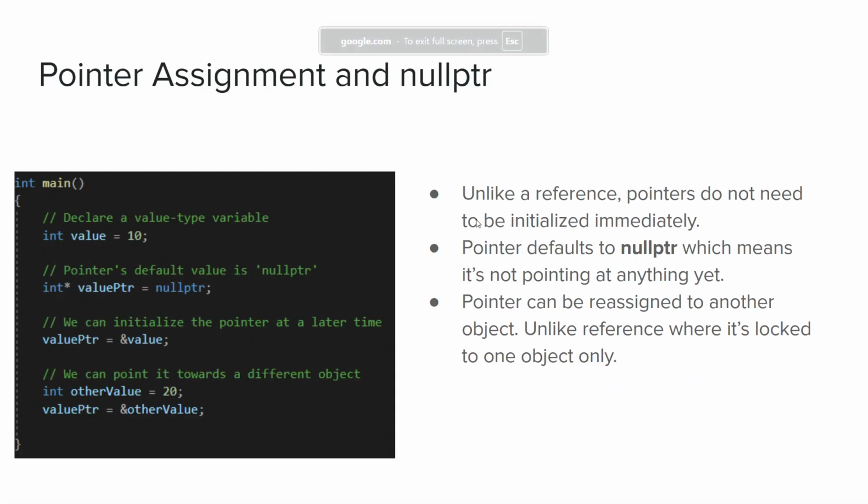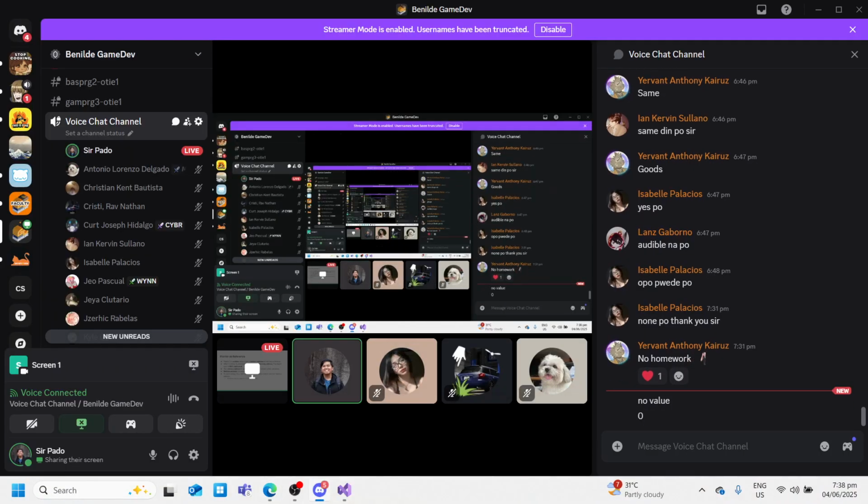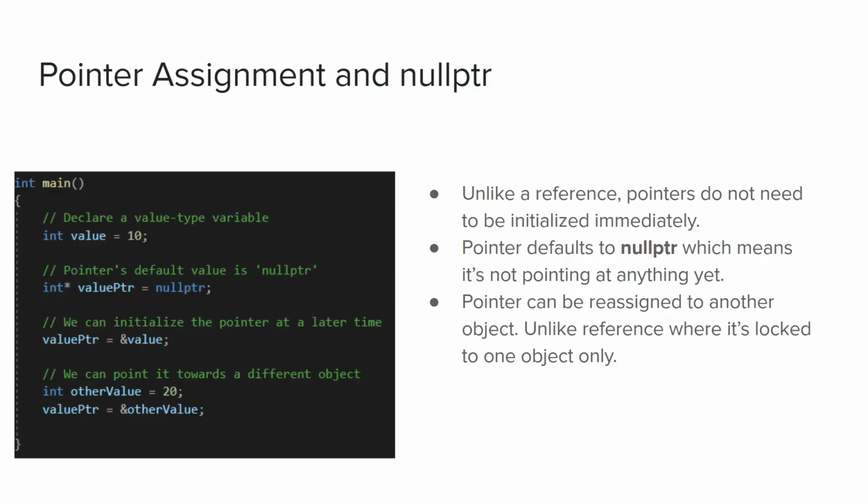Pointer assignment and null pointer. Has anyone ever encountered the null pointer? Or what does null mean? Anyone? No value, correct. Null means there's no value to it. Same thing, but different name.